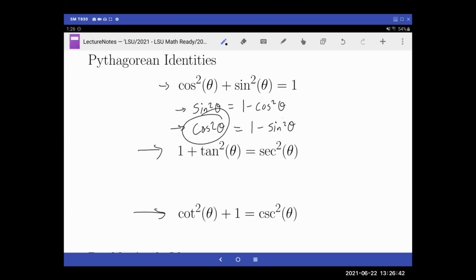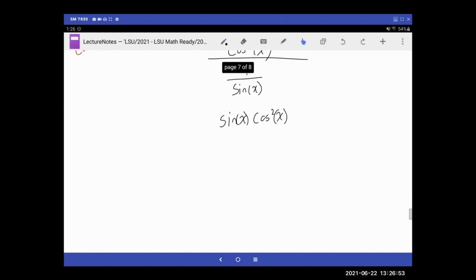Cosine squared can be rewritten as 1 minus sine squared. That would take cosine and write it as sine. Cosine squared can be rewritten as 1 minus sine squared x, right? That's the Pythagorean identities.